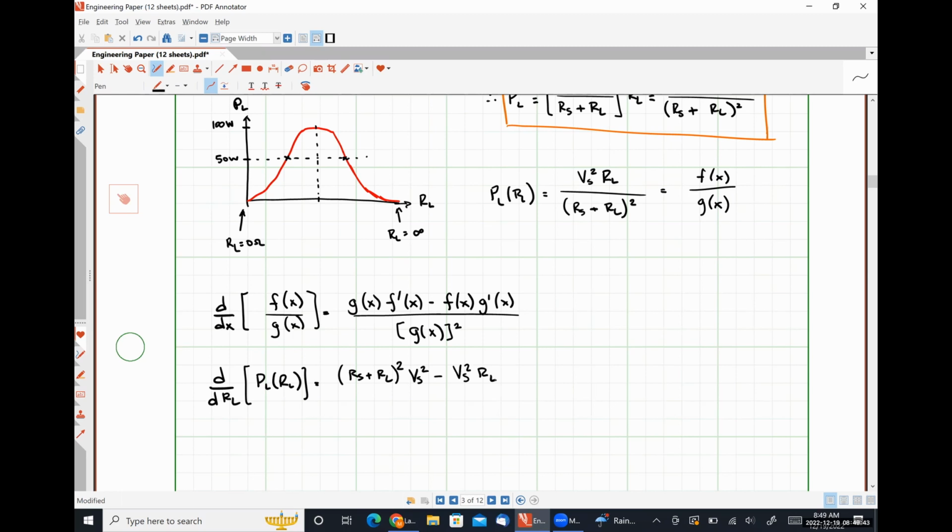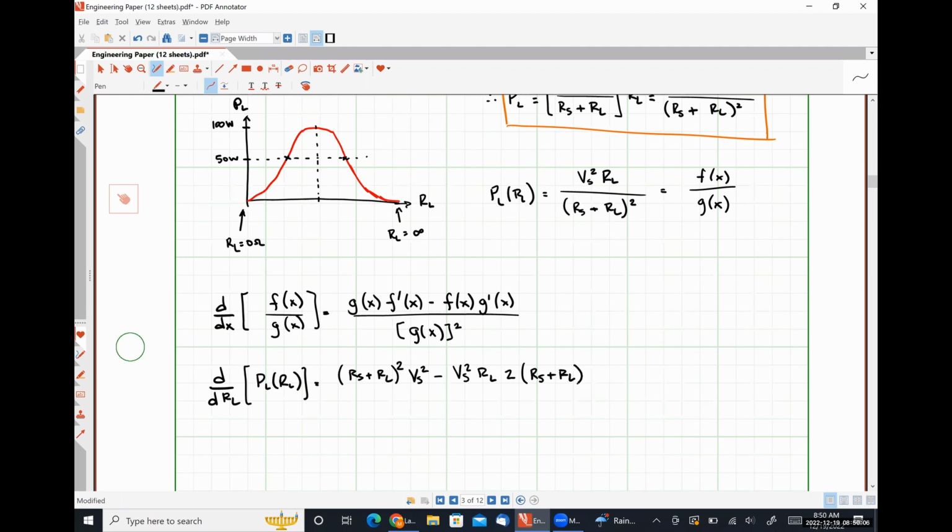And now I need to do the derivative of my g of x term. So how am I going to do that? Chain rule, absolutely right.